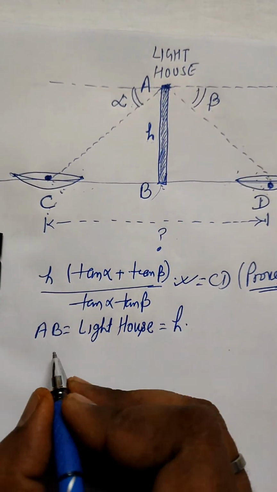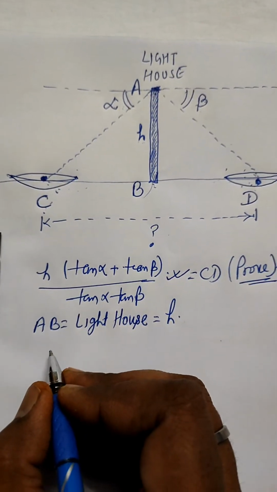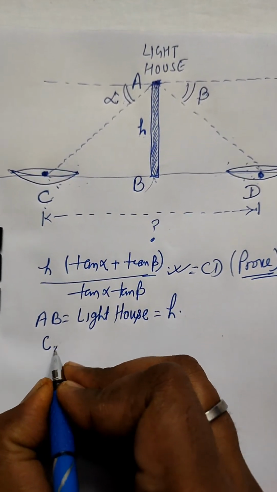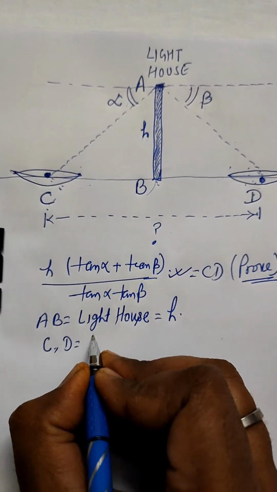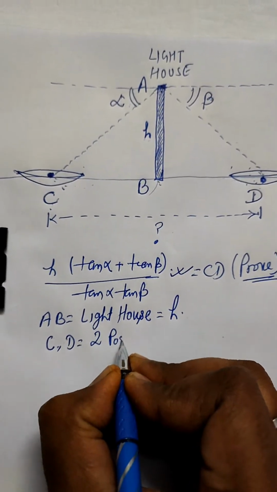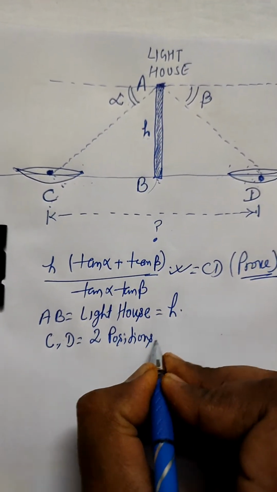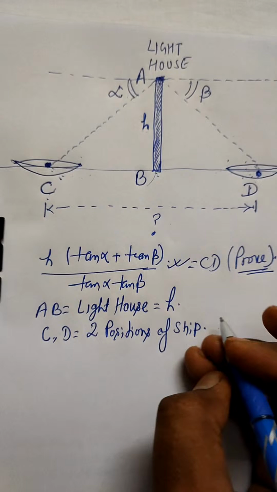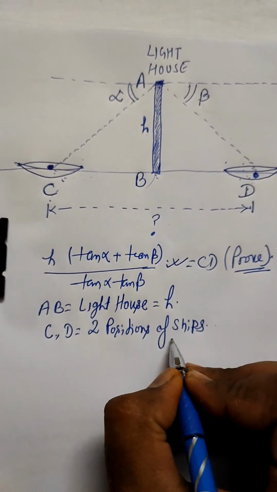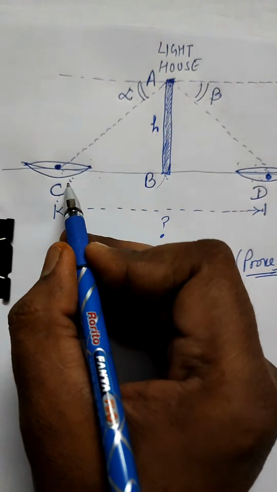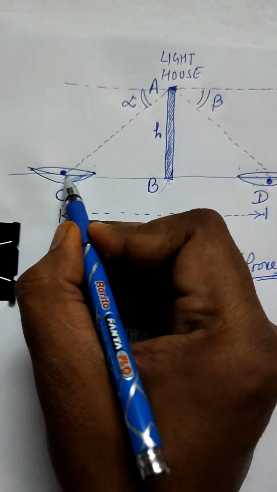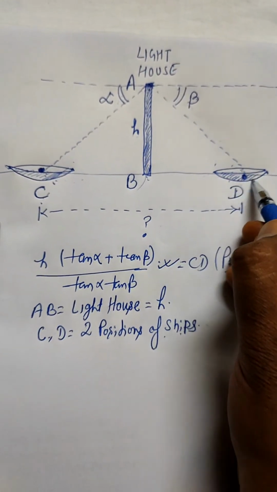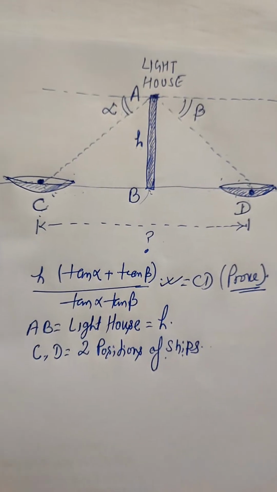Now we need to prove that C and D are two positions of the ships, in fact, because there are two ships, one is at C, this one, and one is at D, this one, right?